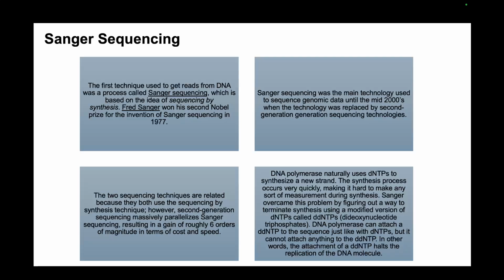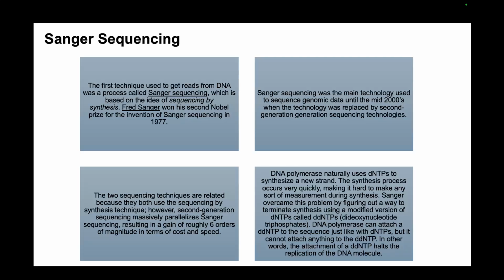To overcome that problem, you can terminate this synthesis step by step using a modified version of dNTPs known as ddNTPs, which are dideoxynucleotide triphosphates. The DNA polymerase adds these ddNTPs to a sequence of dNTPs, but it cannot attach anything further after that. So it brings the synthesis to a halt.